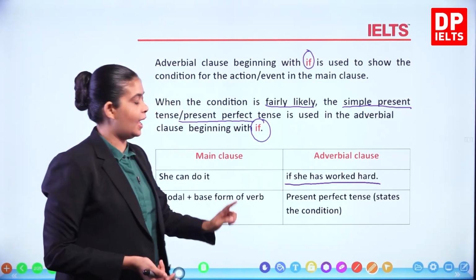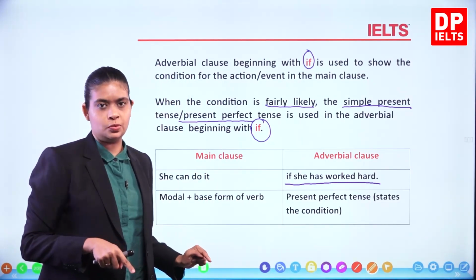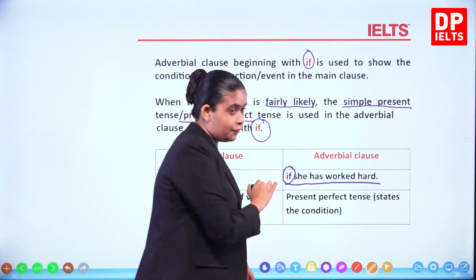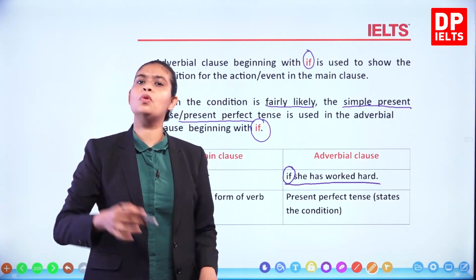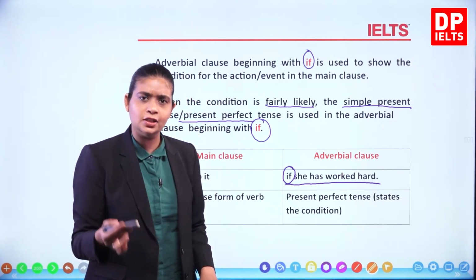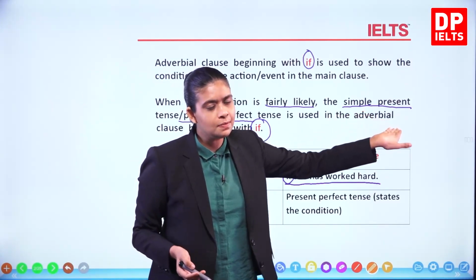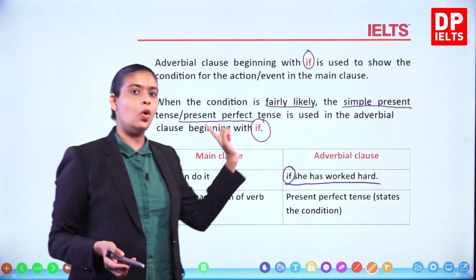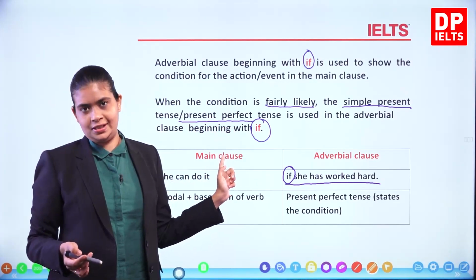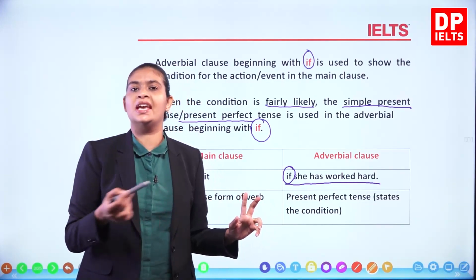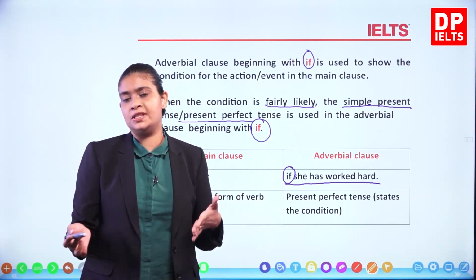Okay? And then there's another part to it. If the adverbial clause begins with if, and it is most likely or fairly likely to happen, then you would use the simple present tense or the present perfect tense. Now, the simple present tense, if you can remember, was the S form and the base form.